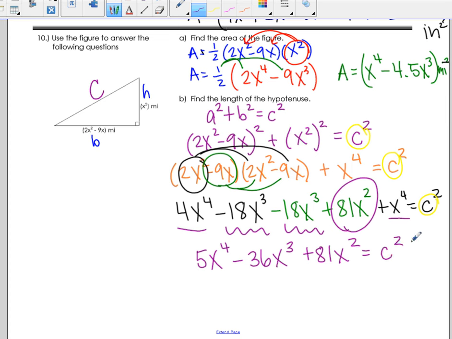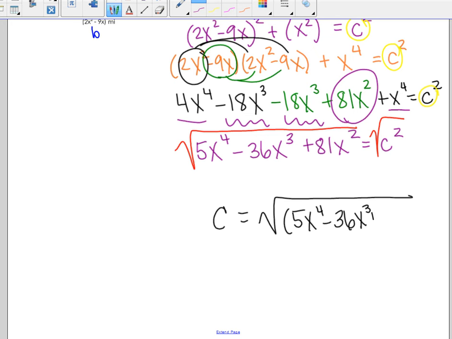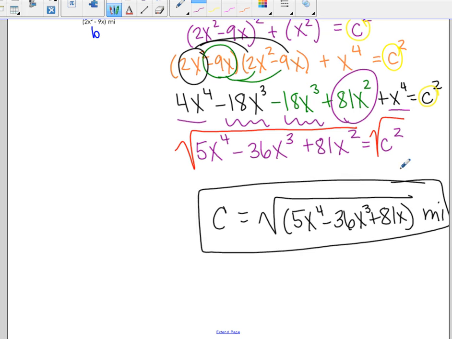Well, the only way to get rid of that squared is to square root it. So your answer is c equals the square root of 5x to the 4th minus 36x to the 3rd plus 81x squared. And in this case, that's miles. And that's just a distance because it's a side.